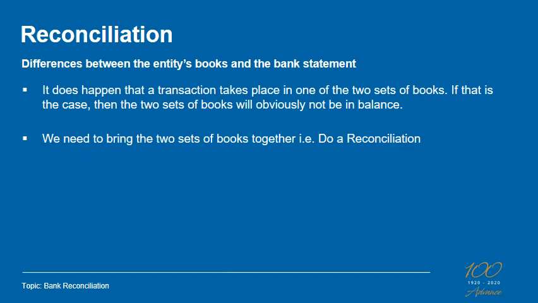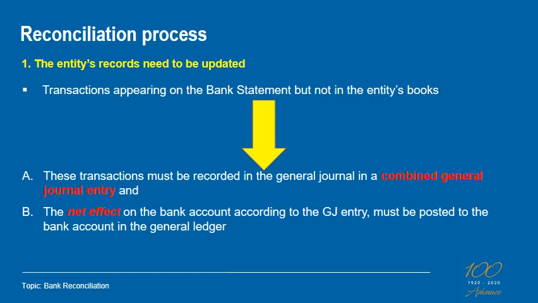Because we're dealing with two systems, our books and the bank's books, we need to bring these two sets of books together to show the same transactions in the end by doing a reconciliation. The reconciliation process is firstly that we need to update our books, the entity's books.